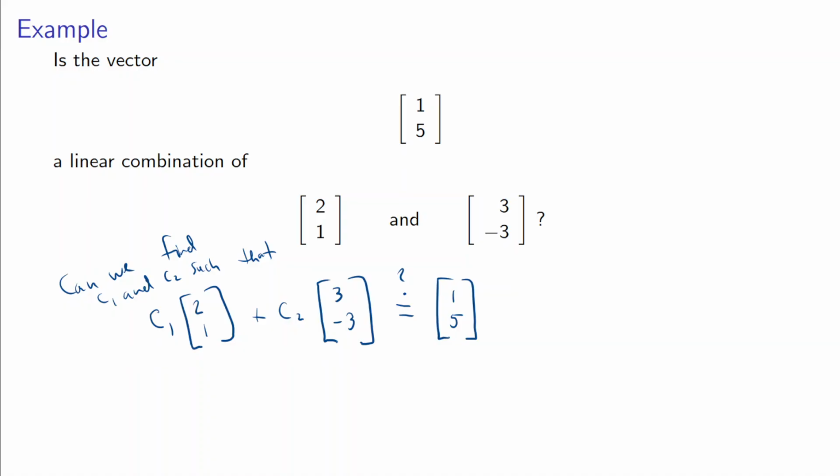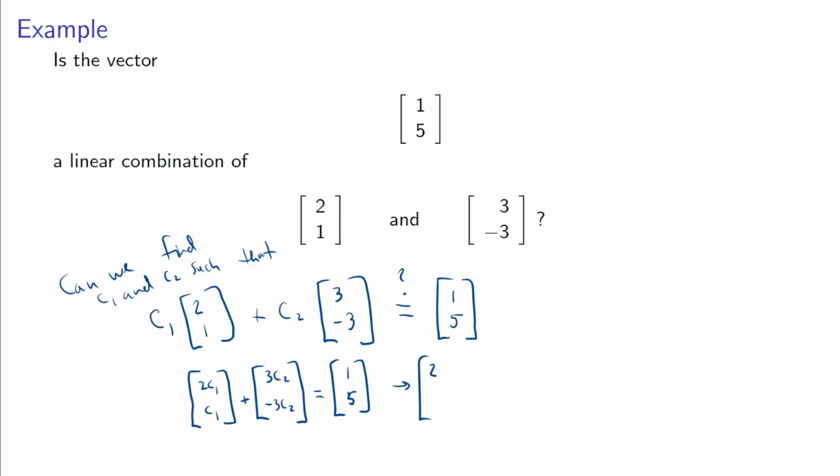With scalar multiplication to begin with, the vector (2c1, c1) plus (3c2, -3c2) would equal the vector (1, 5). Now with vector addition, the vector (2c1 + 3c2, c1 - 3c2) would equal the vector (1, 5).